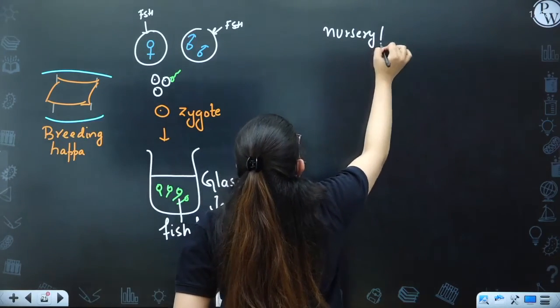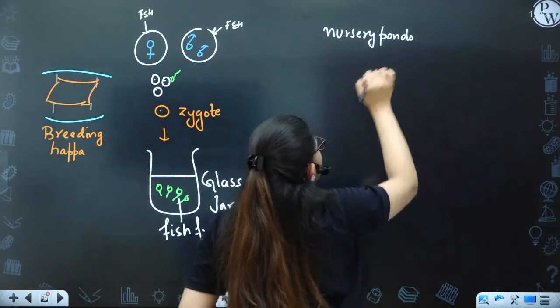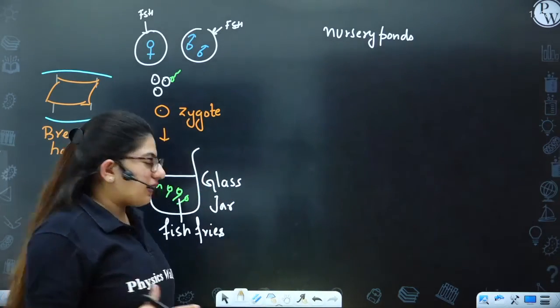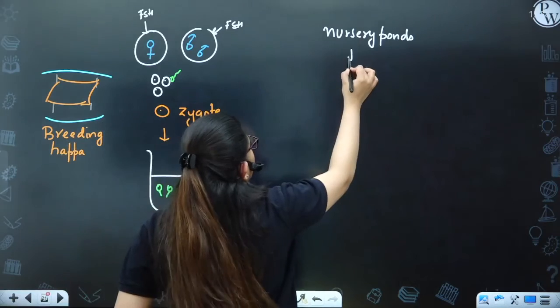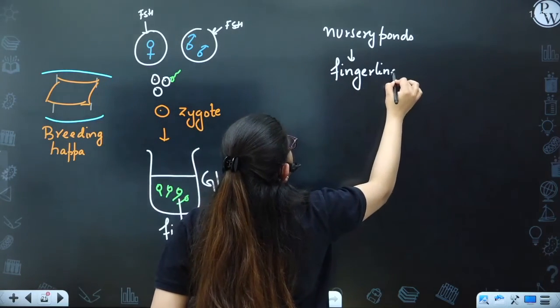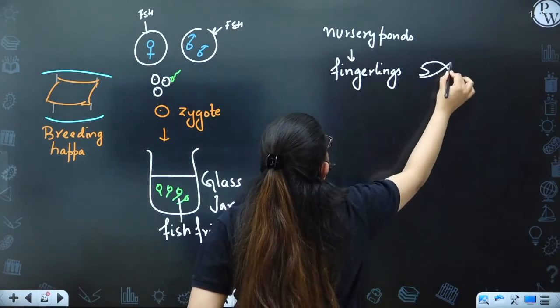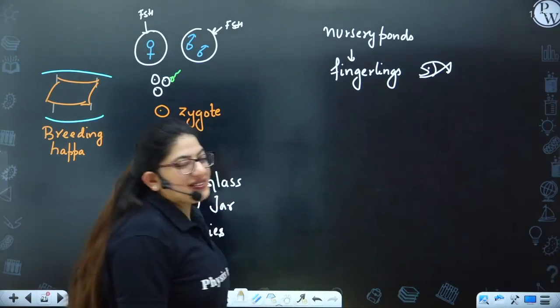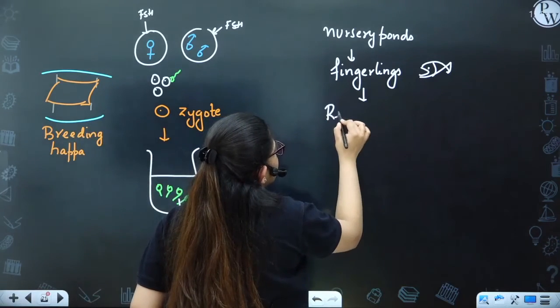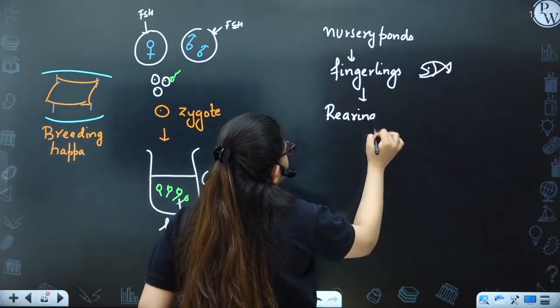Ponds, you understand, are just small water bodies, artificially made as well. In the nursery ponds, the fish fries will be converted into fingerlings. Fingerlings also are small fishes. Now they are going to get transferred to the rearing pond.